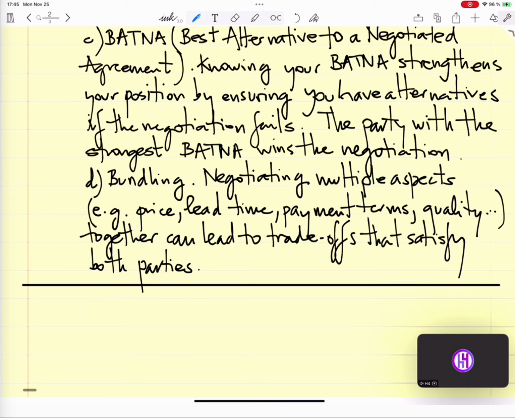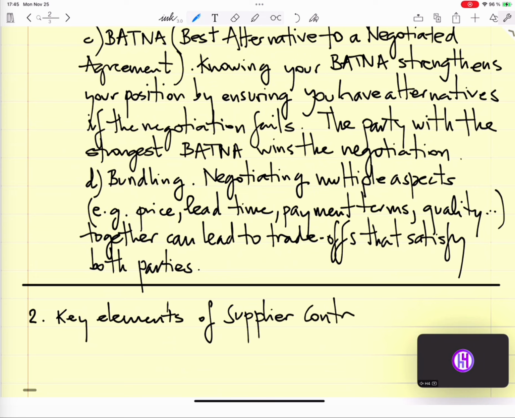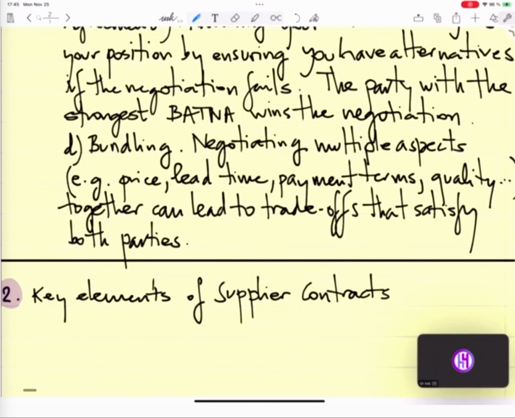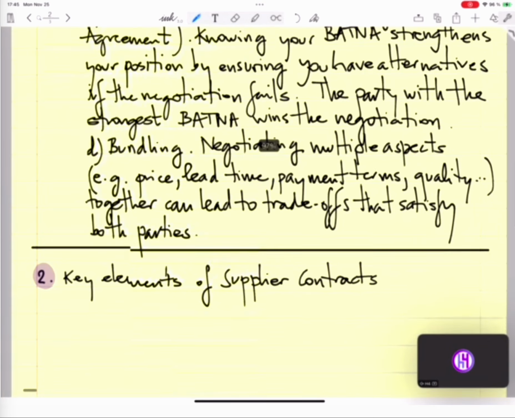The second part of the lecture is the key elements of supplier contracts. Once you have agreed on the terms, you need to formalize them into the contract to reduce ambiguity, reduce risk, and protect both parties.